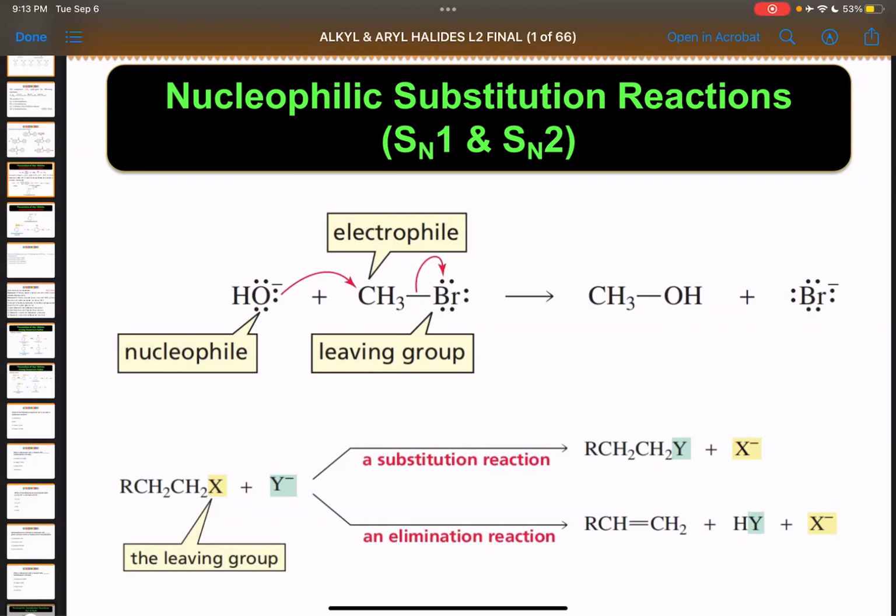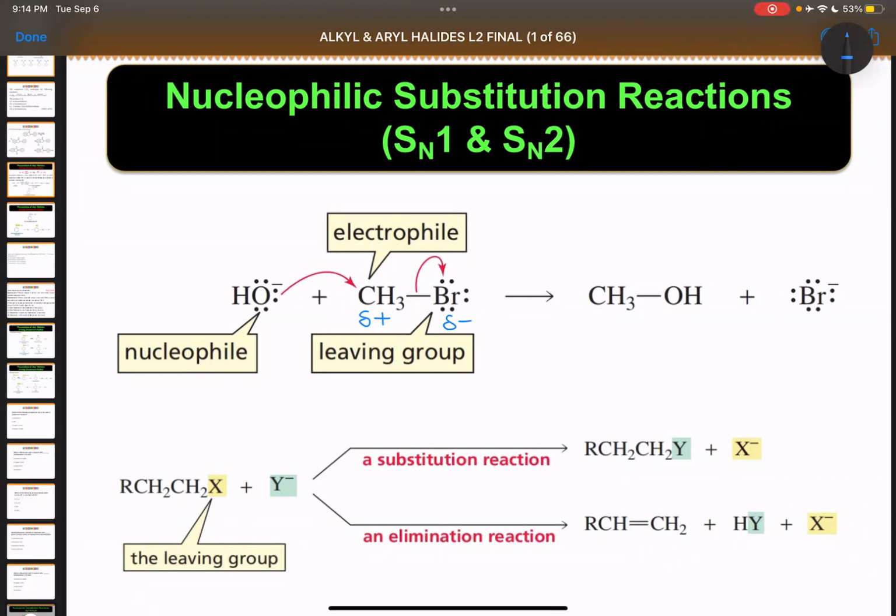Is it polar or non-polar? Polar. Yeah, it's polar. Why is it polar? Because of the more electronegative halogen atom, which will pull the electrons of the alkyl group.